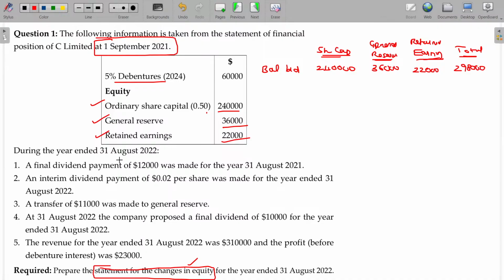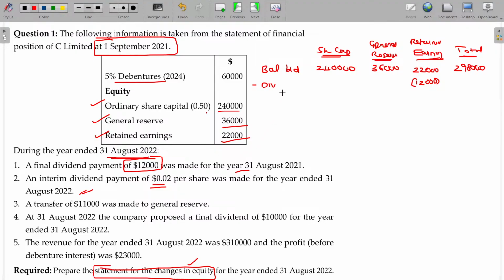During the year ended 31st August 2022, a final dividend payment of $12,000 was made for the year. So dividend paid. If you are paying the dividend, it will reduce the retained earnings you have. So 12,000 should be subtracted from here. An interim dividend payment of $0.02 per share was made for the year ended 31st August 2022.